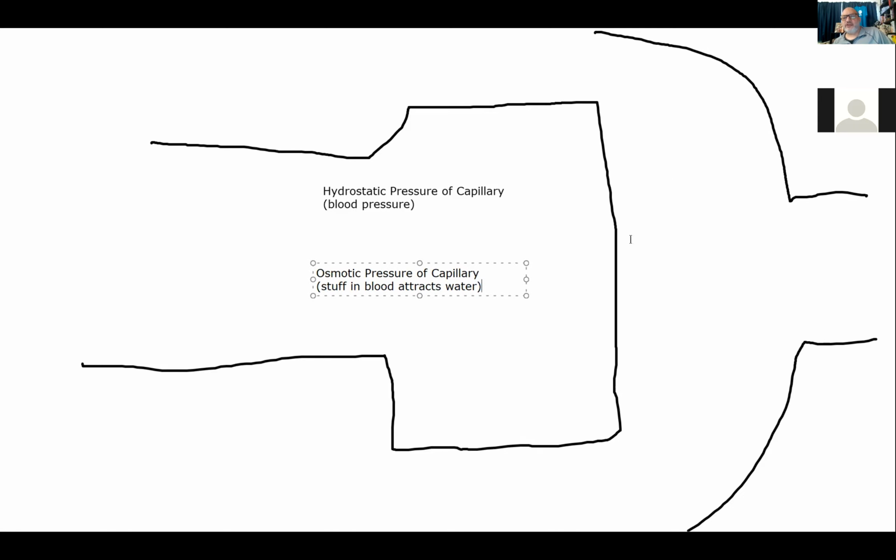All right, we also talked about interstitial fluid having hydrostatic pressure and osmotic pressure as well. Now notice we don't have interstitial fluid here, but this is Bowman's capsule. And in this capsule, there will be some pressures.